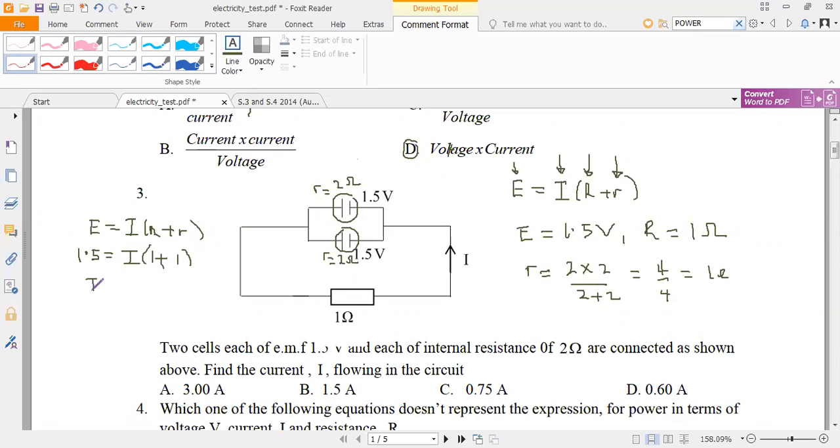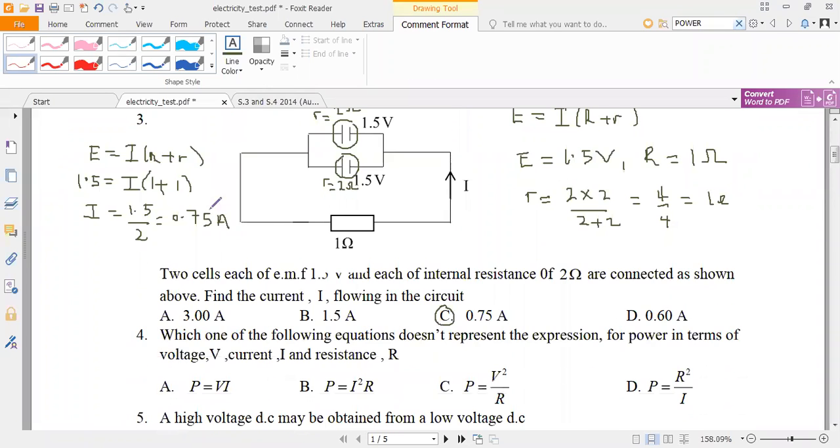So finally, I will be given by 1.5 divided by 2, and the answer is 0.75 amperes. We can write it as A. So meaning that the answer for this question is C, as you can see.